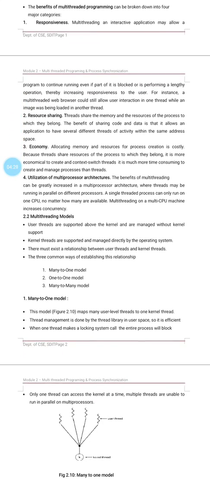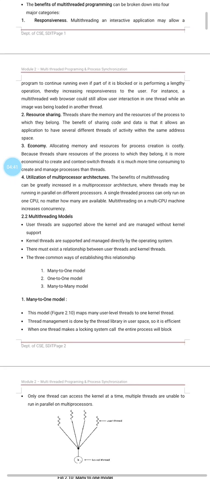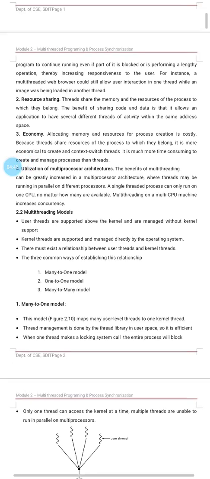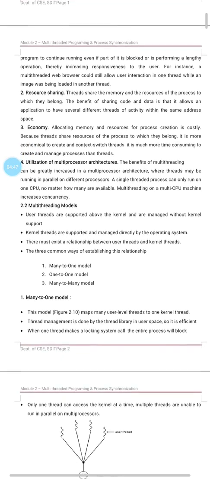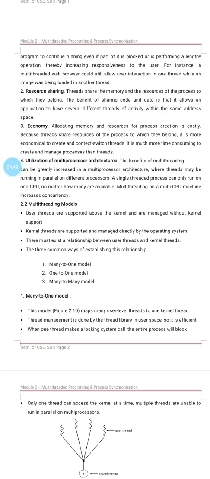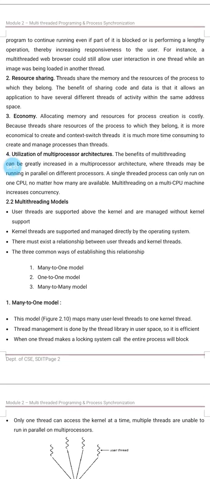Next one is economy. For economy you can say the same thing: you have resource sharing, and whenever sharing comes in, it is economical in terms of cost. Then the next point: it is more economical to create and context switch threads. It is much more time consuming to create and manage processes than threads.